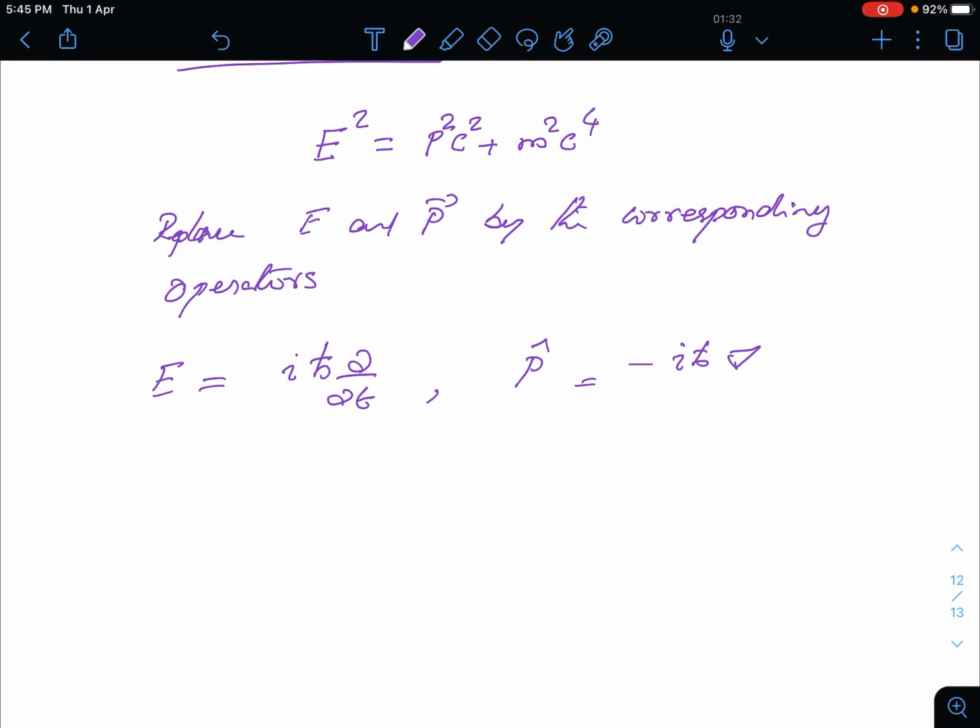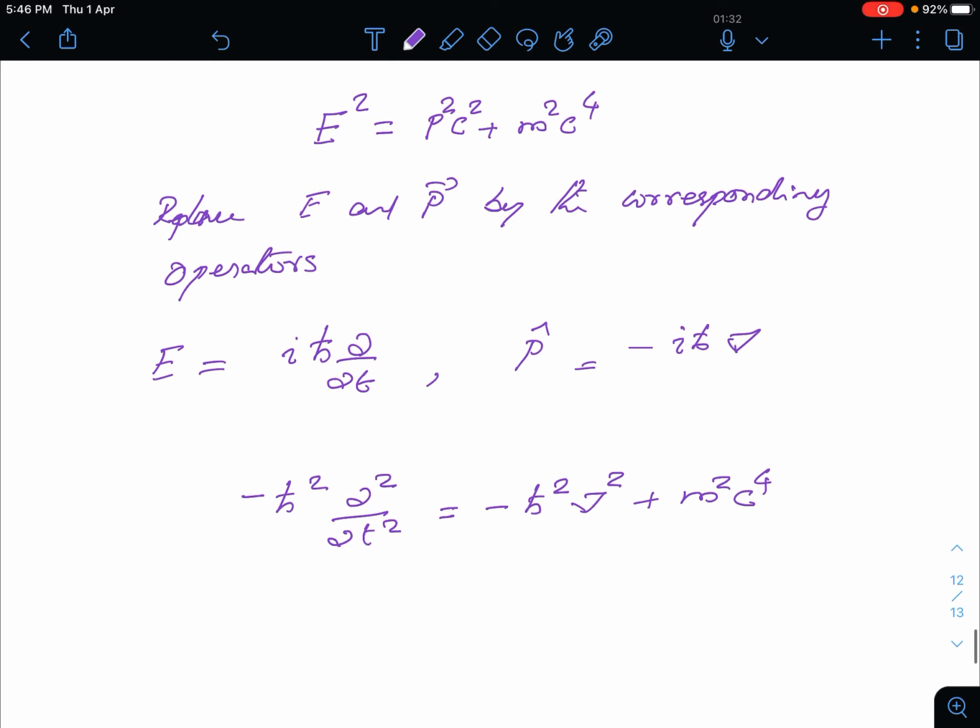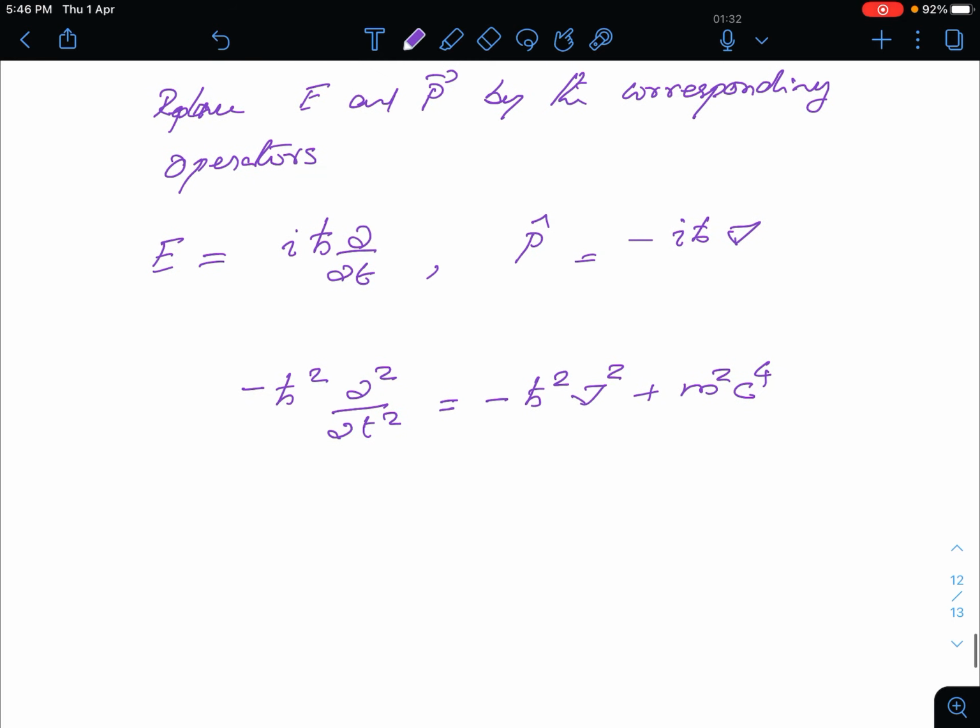E square is simply minus h cross square dou square by dou t square. And p square is minus h cross square del square, plus m square c raised to 4. Clear? These are operators, so they should act on the wave function psi of r, t.